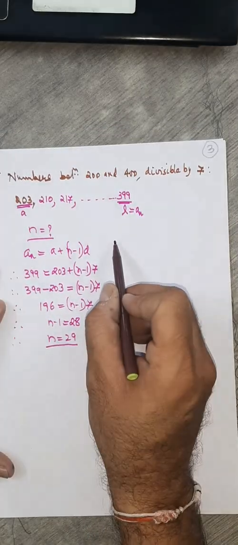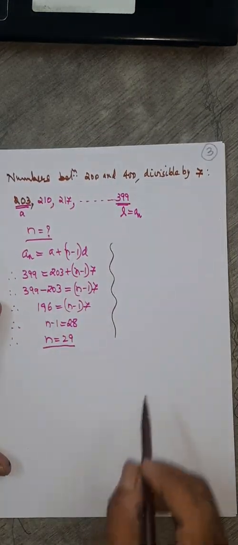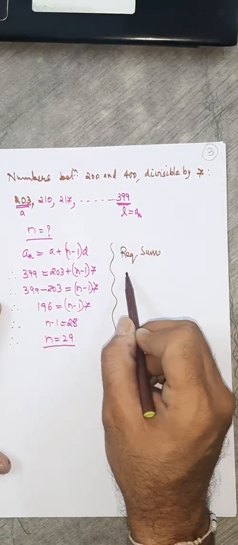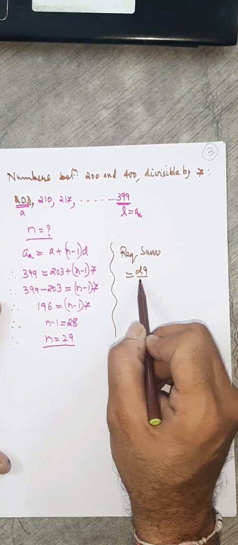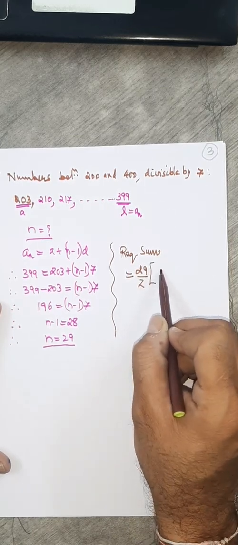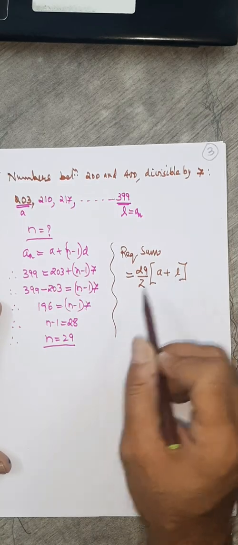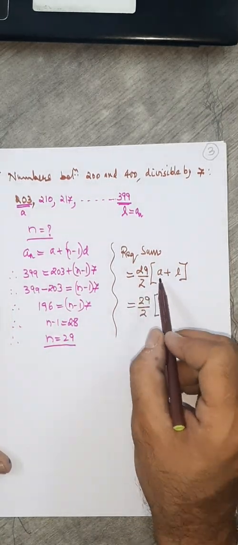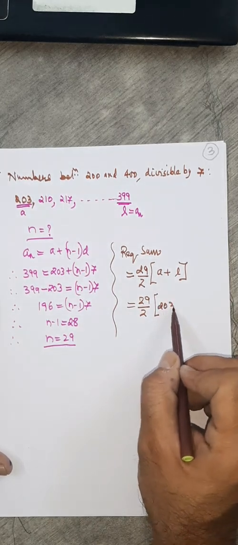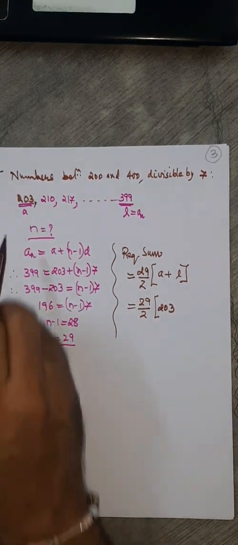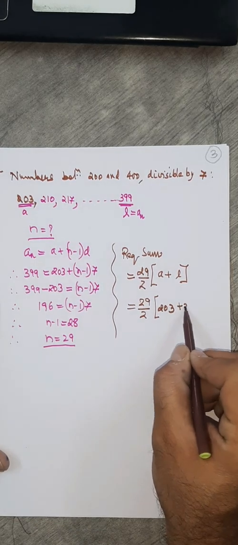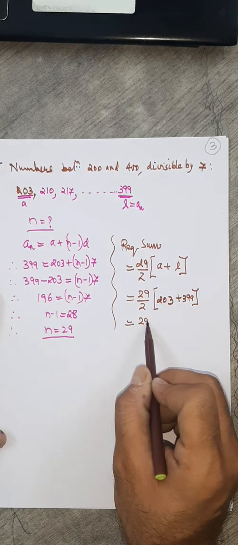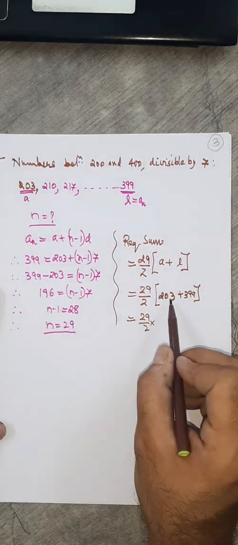Okay. So therefore, let me write here the required sum, that equals n by 2, 29 by 2 into (a plus l). So 29 by 2, what is a? a is 203, we already noted. What is the last term? 399. So this will be 29 by 2 into, this is how much?